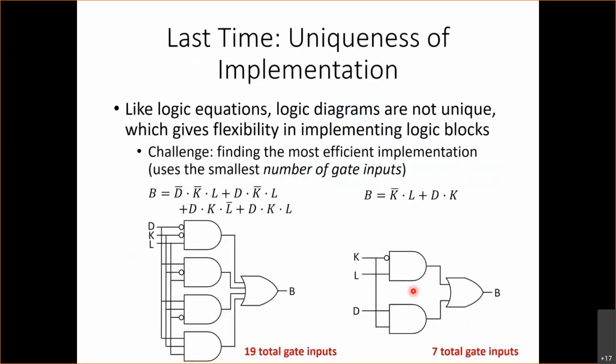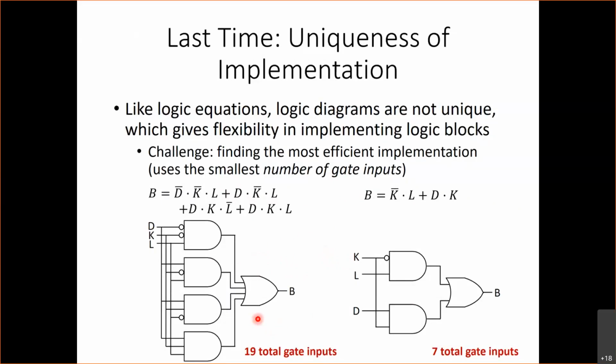We looked at uniqueness of implementation, and we said just like there's a unique truth table specification for a logic block, but there is not a unique equation. Some equations are more complex than others, and therefore the circuits that correspond to these equations are also not unique. So we can have different circuits for implementing a logic block.